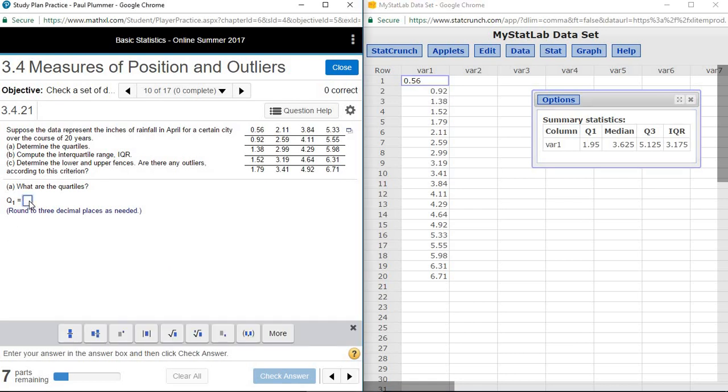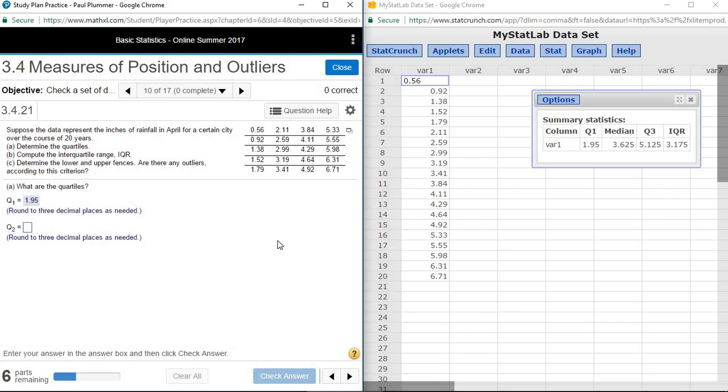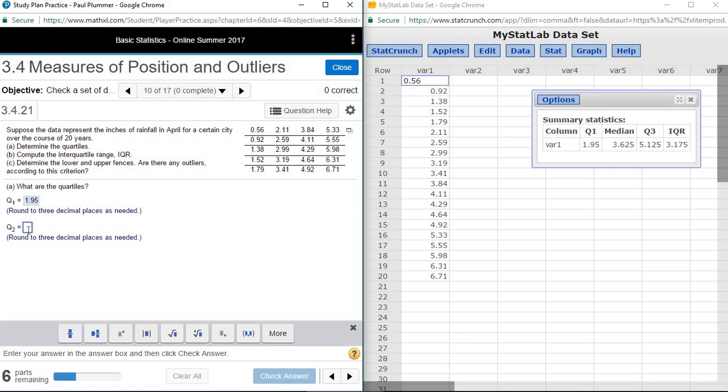So note my first quartile is 1.95. I would note that while StatCrunch does not give you the option to select Q2, Q2 is our median, and so when it asks for Q2, you're going to have to use the median.